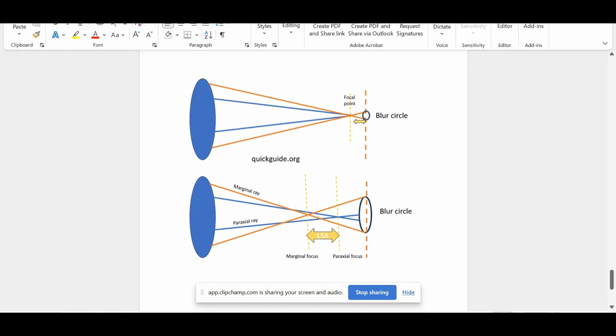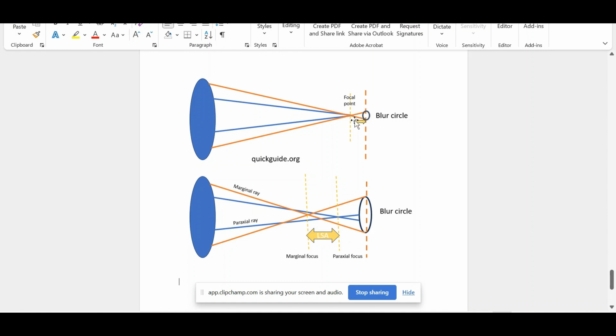And as we know, the depth of focus and the image quality, there is a blur circle over here, and the depth of focus that you get from longitudinal spherical aberration are actually juxtaposed. They are antagonistic to each other. So the more depth of focus you give to your patient, the less the image quality would be, right?